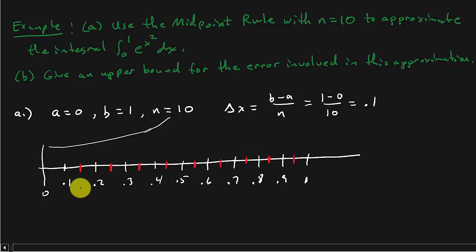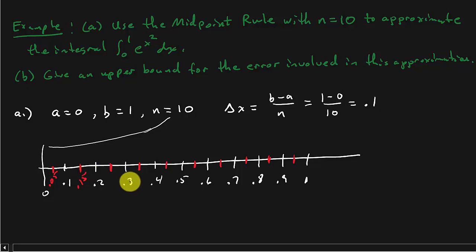So this midpoint is, I'm sorry, not 1.05, I wrote it in the wrong one. It's 0.05. That's the midpoint there. And then we would need the midpoint here, which is 0.15.